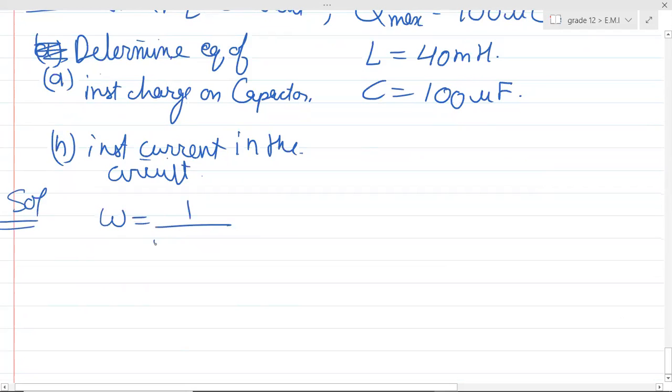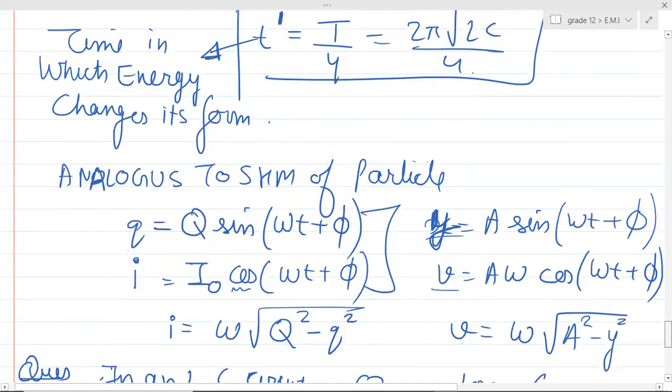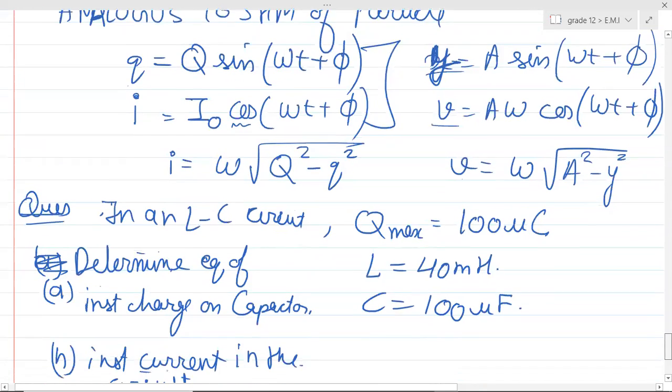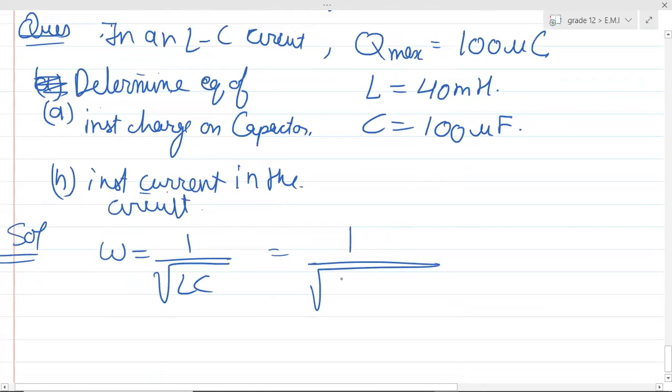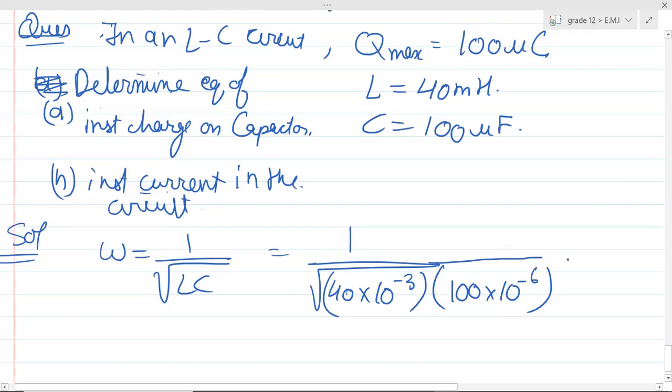We know omega is 1 upon under root of LC. So this will be 1 upon under root of L is 40 millihenry and C is 100 microfarad. So this will be... अरे solve करो ना.